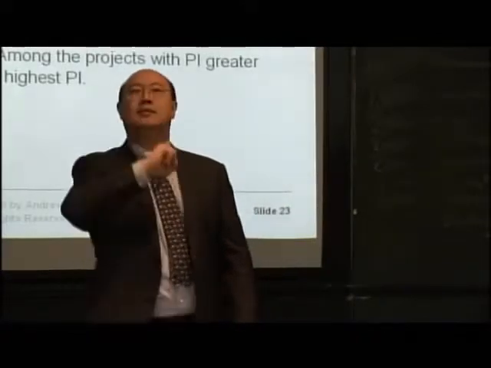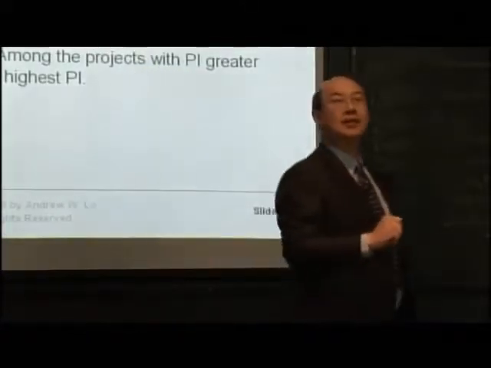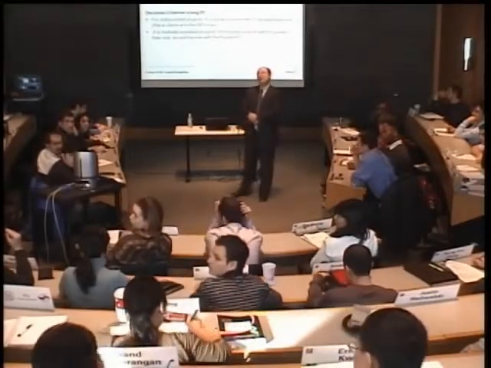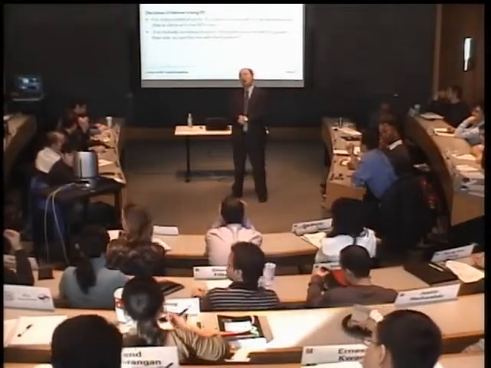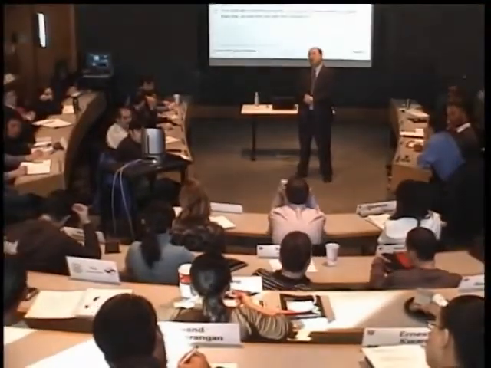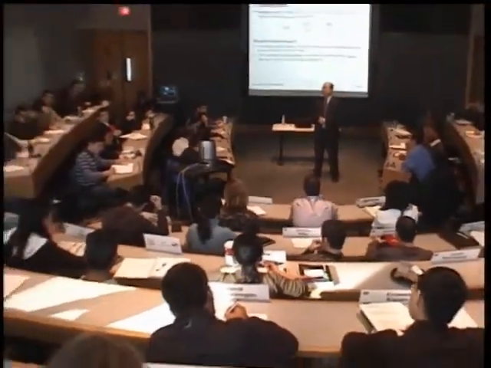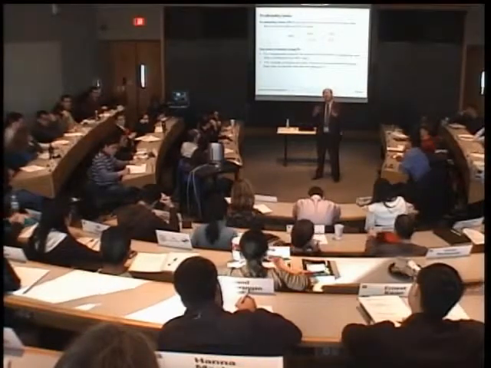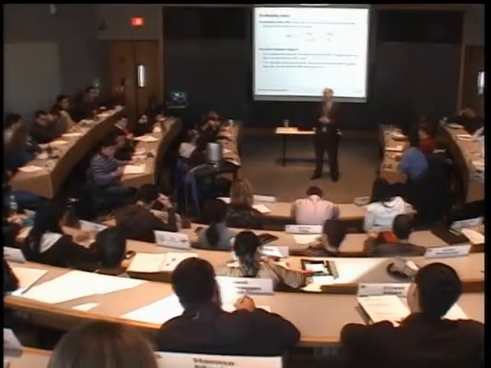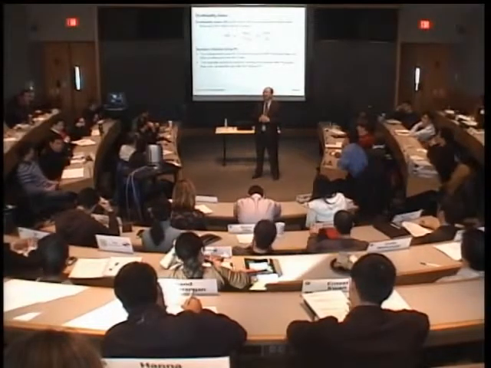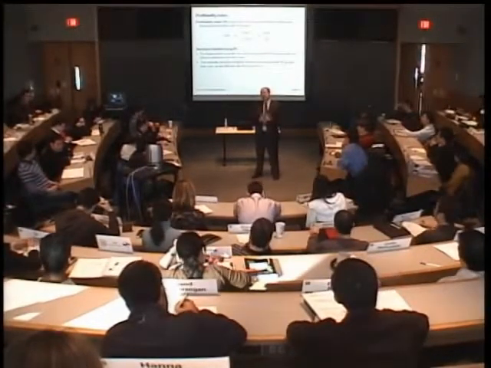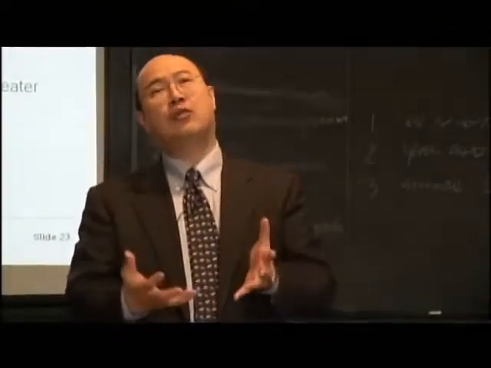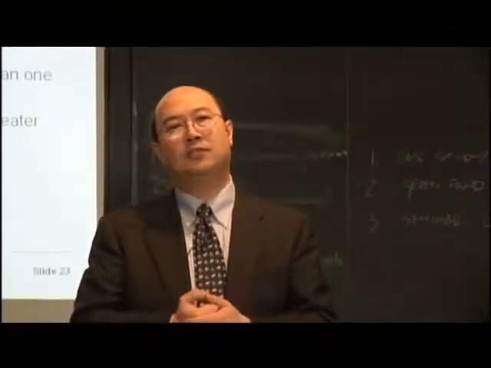Okay. Oh, yes. A lot of the time, the money that you have in hand, the investment, is limited. Does that play a role when you compare projects? Well, it does play a role. So the question is, if you have a limited amount of money to invest, does that play a role? It absolutely does, but it plays a role that is contrary to what the profitability index wants to do for you.